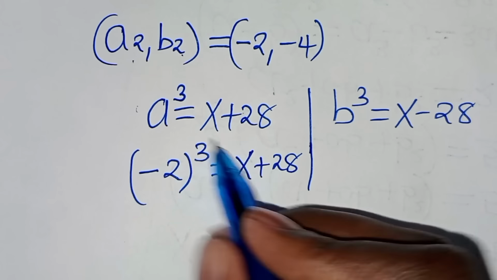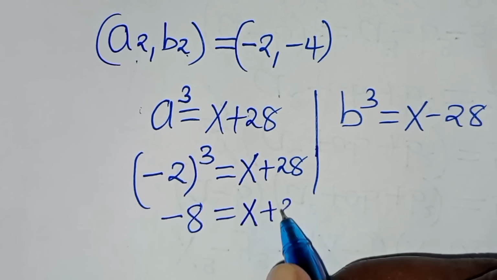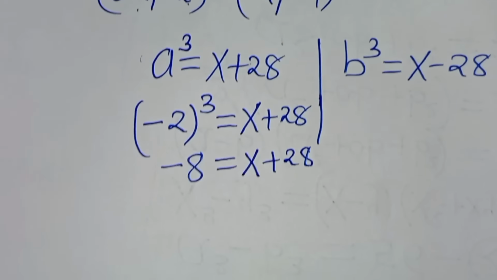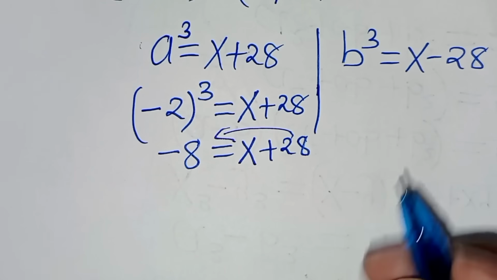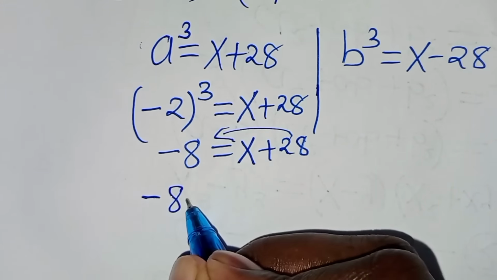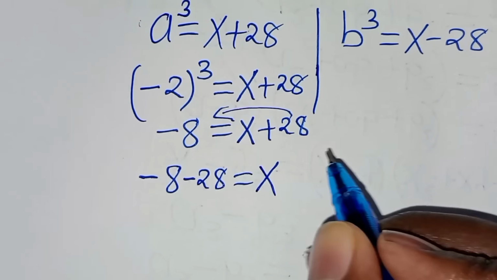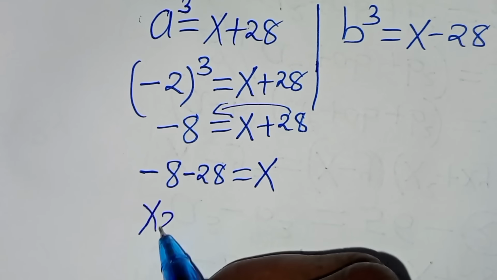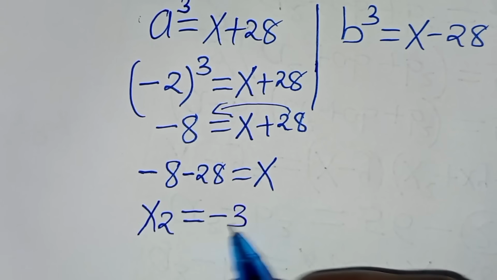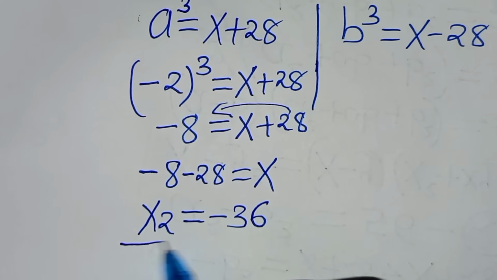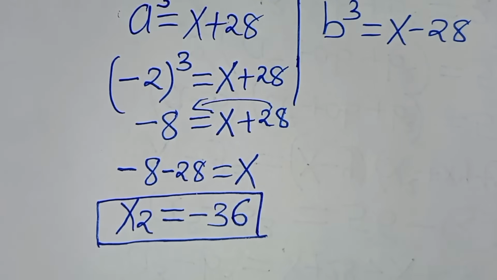So minus 2 to the power of 3 is minus 8, equal to x plus 28. From here, let's take plus 28 to the left-hand side so that we have minus 8 minus 28, which is equal to x. So this implies that x2 is equal to minus 8 minus 28, which is minus 36. So this is the second value of x, which is minus 36.